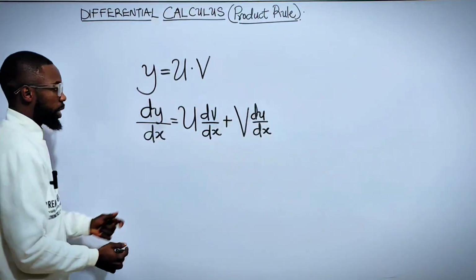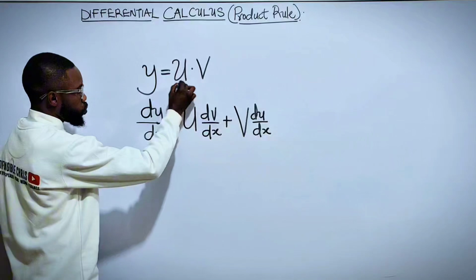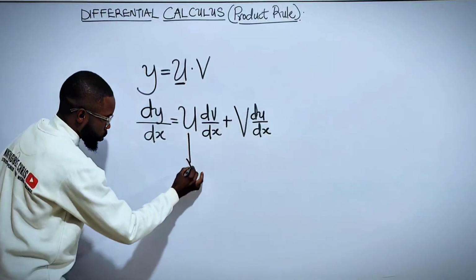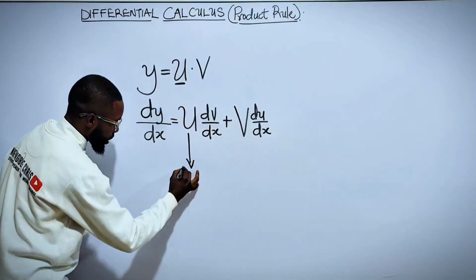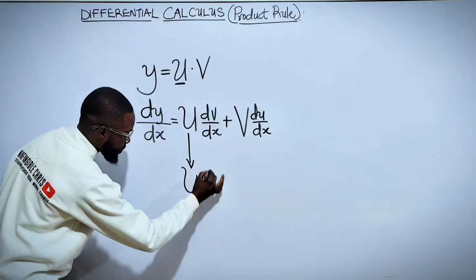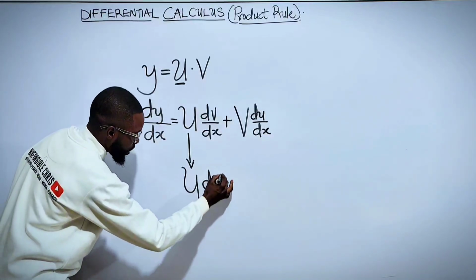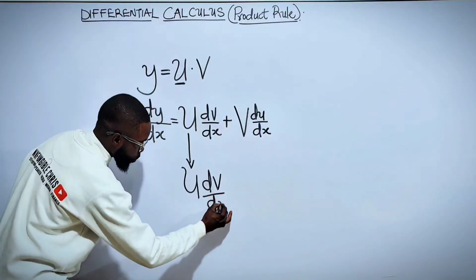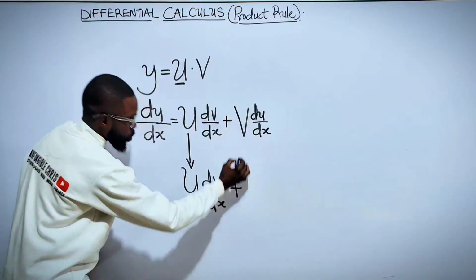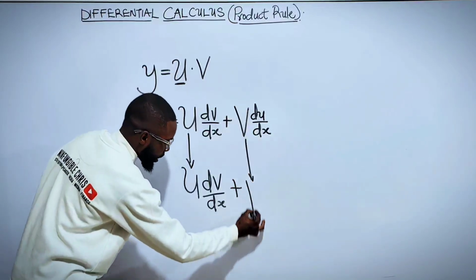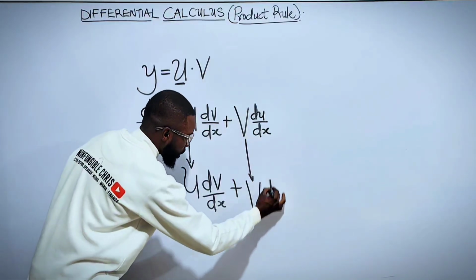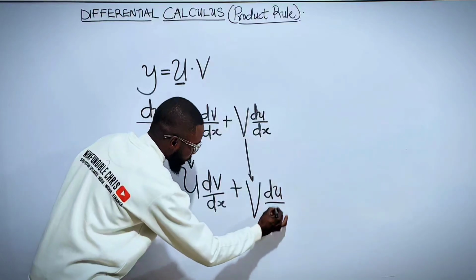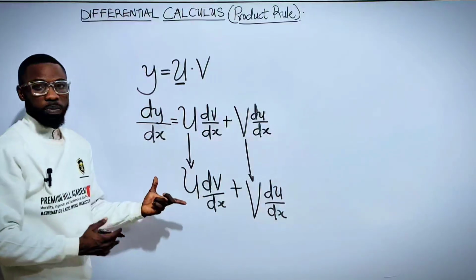What does this mean? It means we take the value of u, and then differentiate the value of v with respect to x, plus we take the value of v, and then differentiate u with respect to x. That's all about the product rule.